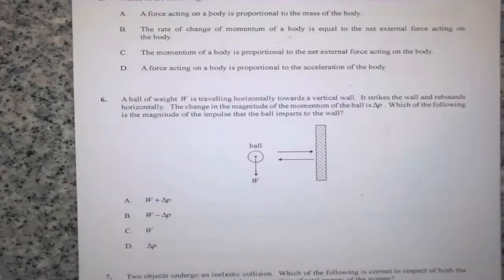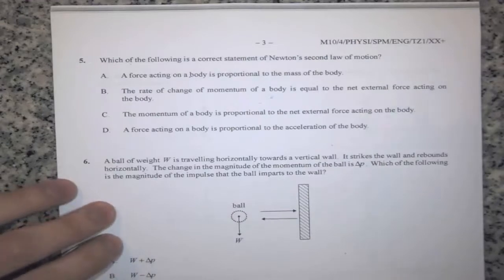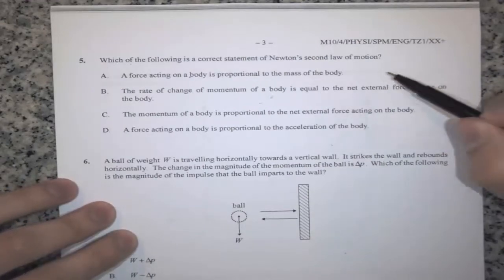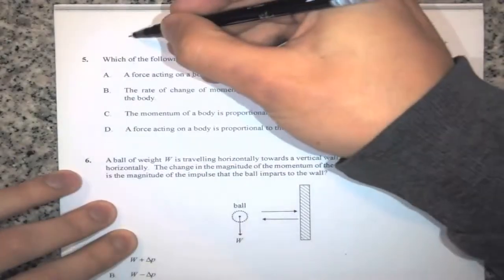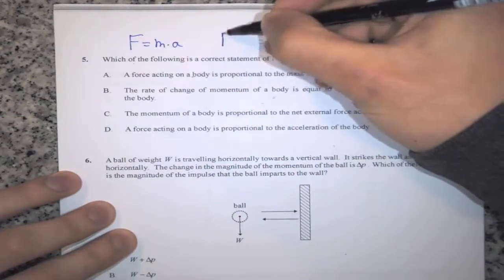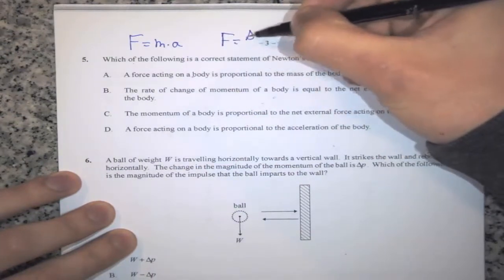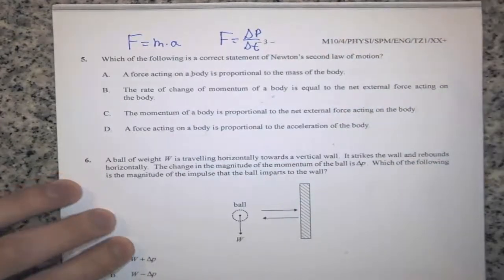Now let's see number 5. It says, which of the following is a correct statement of Newton's second law of motion? When we talk about Newton's second law, we know 2 formulas that we can apply. Force is mass times the acceleration, and also force is the change of momentum over the change of time, so it's the rate of change of momentum.